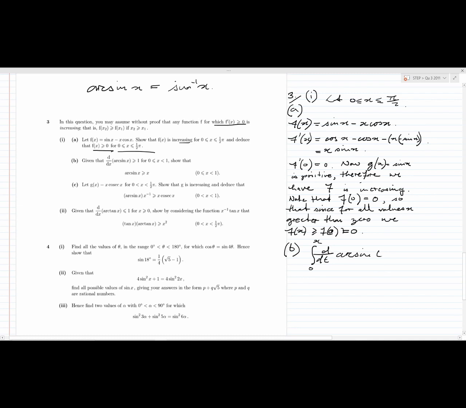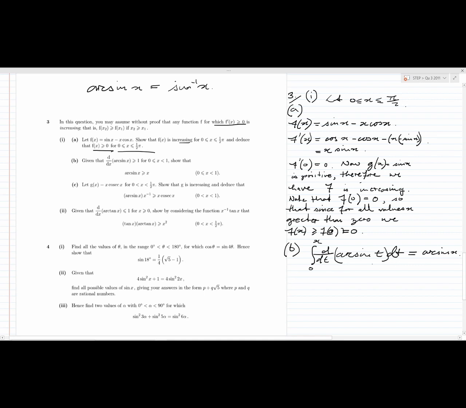So change that. Then this is with respect to t, and this is going to be equal to just arc sine of x. This is known as the fundamental theorem of calculus.